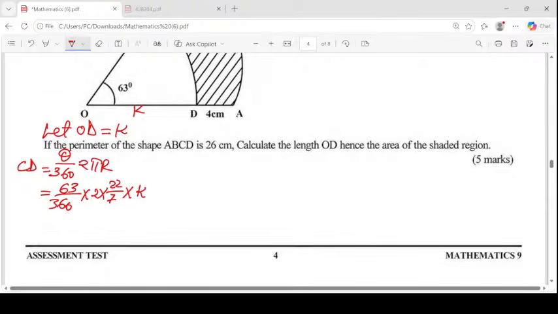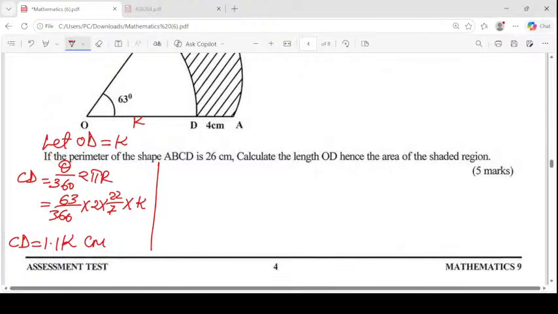So the length CD, when you take 63 over 360 times 2 times 22 over 7, becomes 1.1 K. That is the length, 1.1 K centimeters. That is the expression for the length CD.